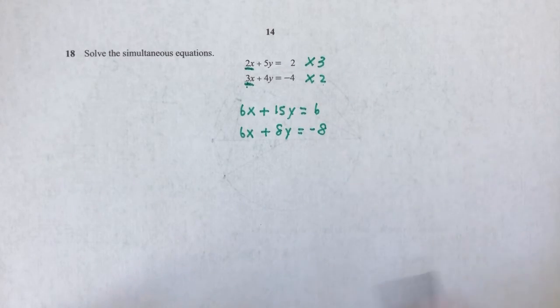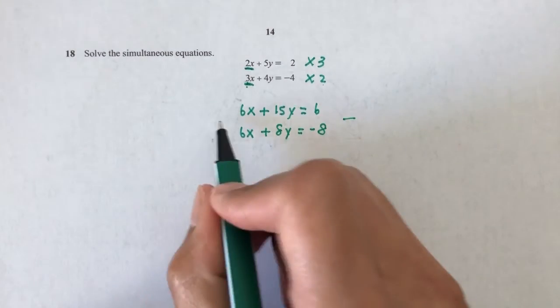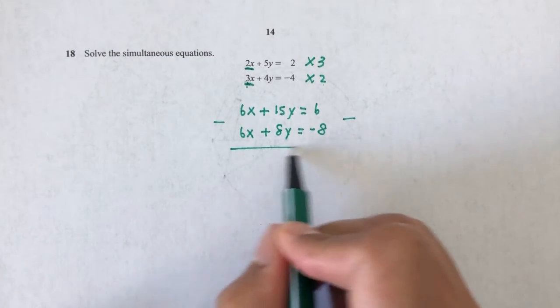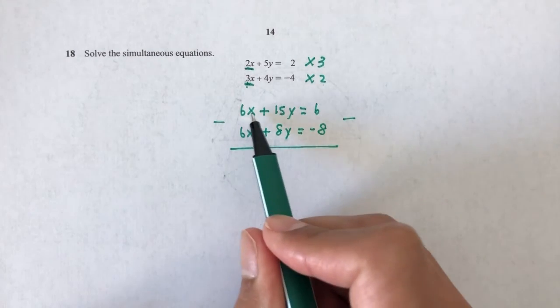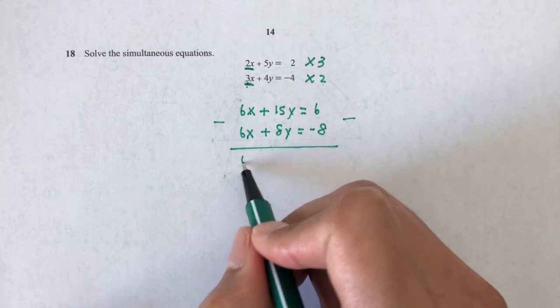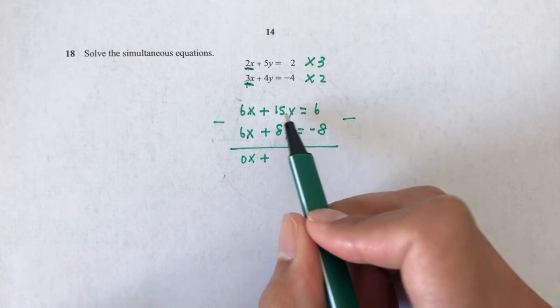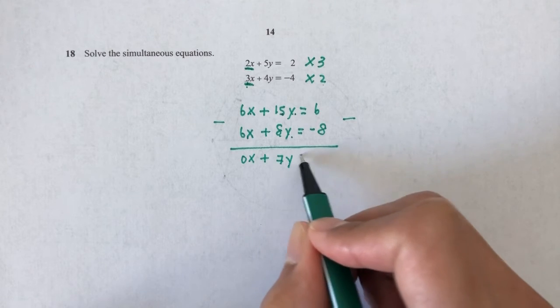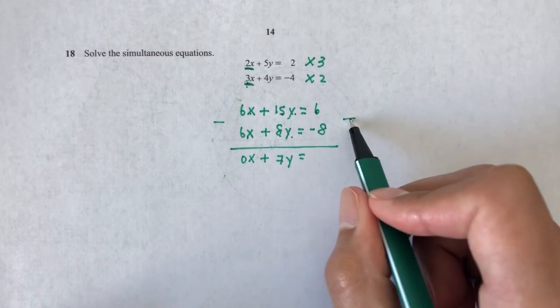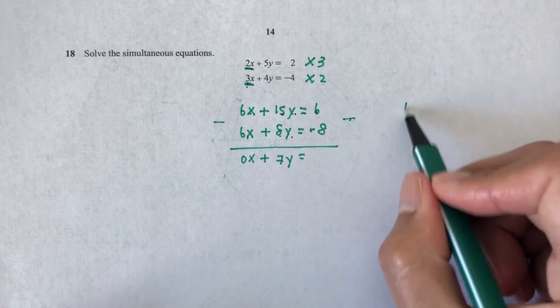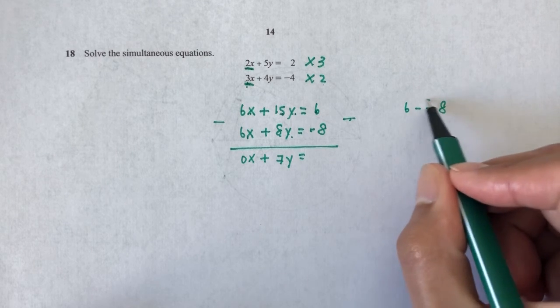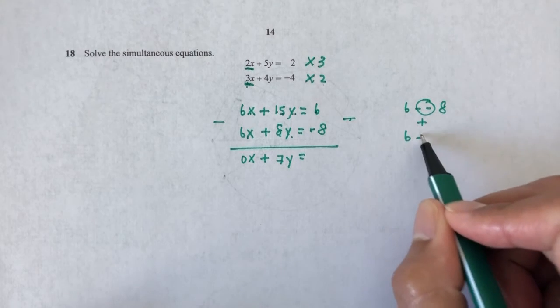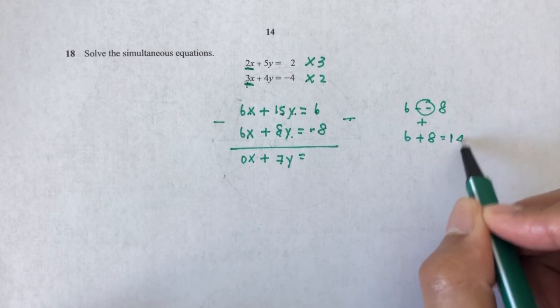What can we do now? We can just subtract the two equations. So 6x minus 6x will be 0x, 15y minus 8y will be 7y, and then 6 minus minus 8, minus is plus, so 6 plus 8 is 14.